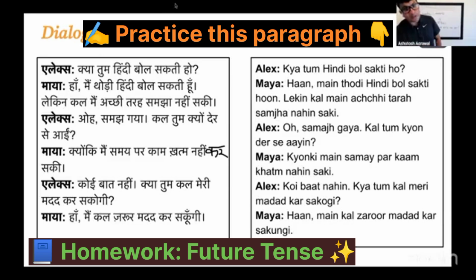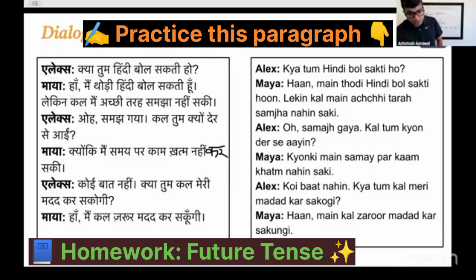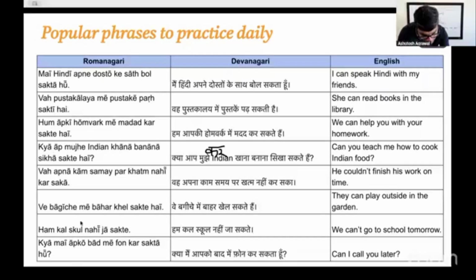It's a very good paragraph in my view, and I do want you to practice it whenever you're revising the sakna auxiliary verb. Just by going over this paragraph, you can immediately brush it up. This is the Pimsleur method that's been going on, same thing.